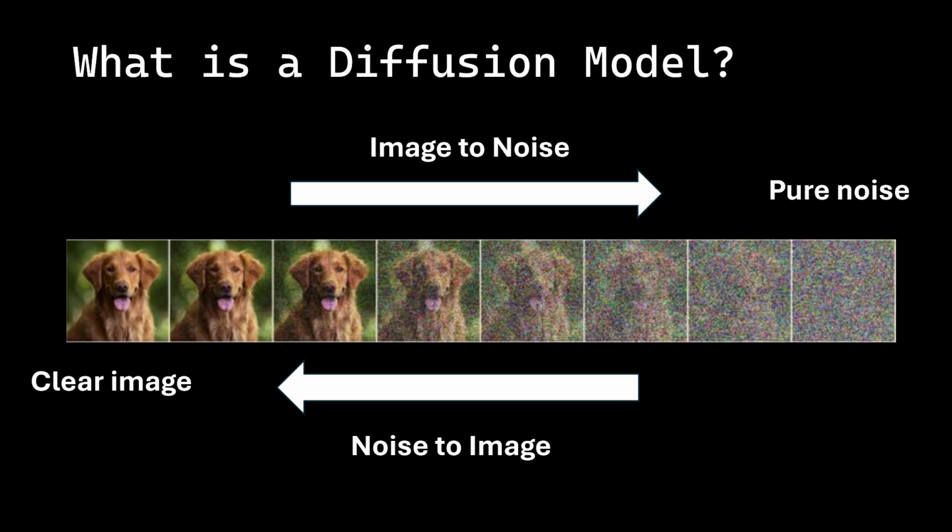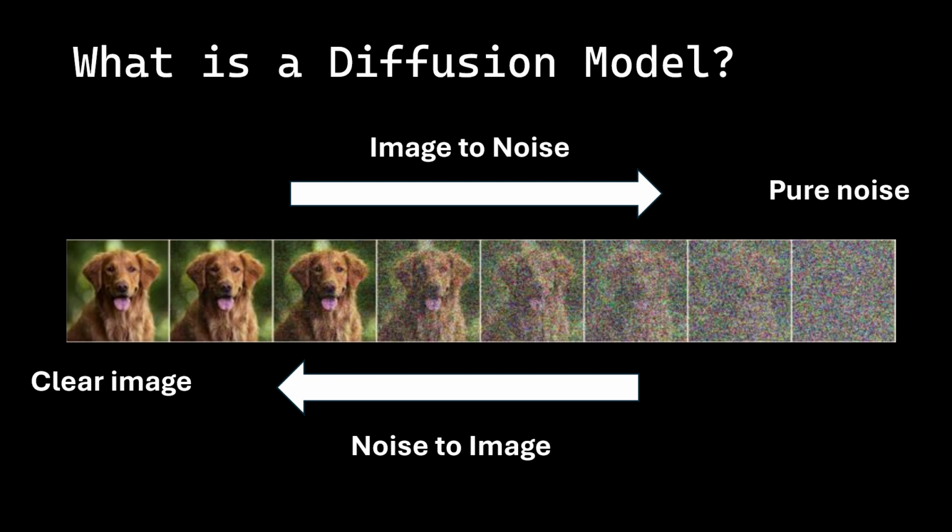A diffusion model essentially learns how to make sense of randomness. Think about it like how smoke or gas diffuses randomly into surroundings. It's named after that type of randomness. A diffusion model learns to do two main things.